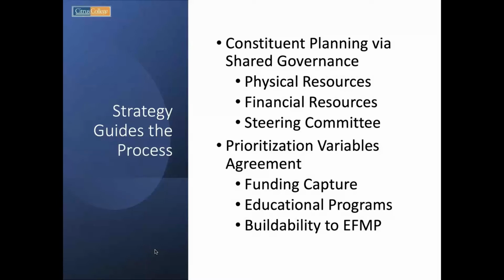So one of the first things that we did, and this occurred a little over a week ago, is we developed some prioritization variables, and we needed to get agreement primarily through all of the different constituent groups, meaning physical resources and financial resources. The first one up is the Physical Resources Committee. We had an agenda item, and in there we did a brief presentation on some of the things that you folks have seen in these slides here.